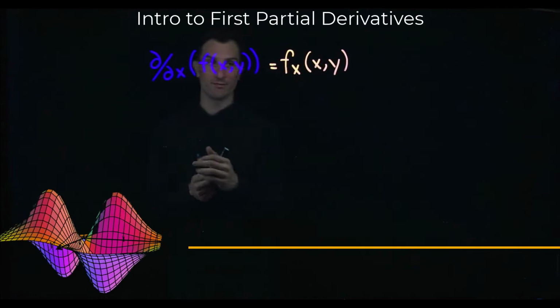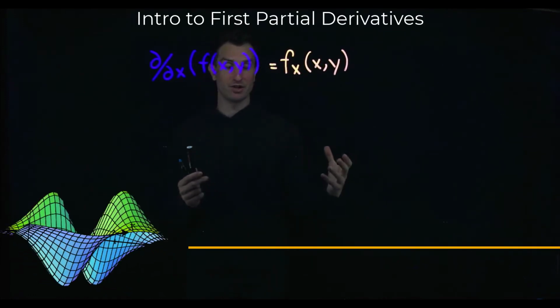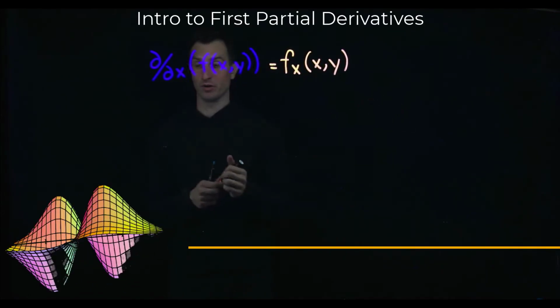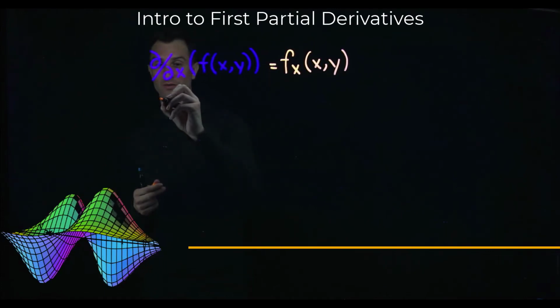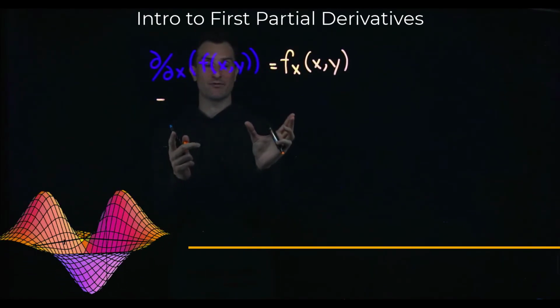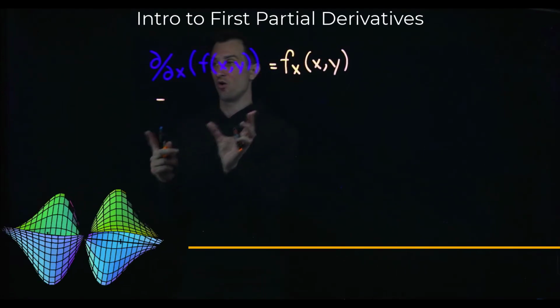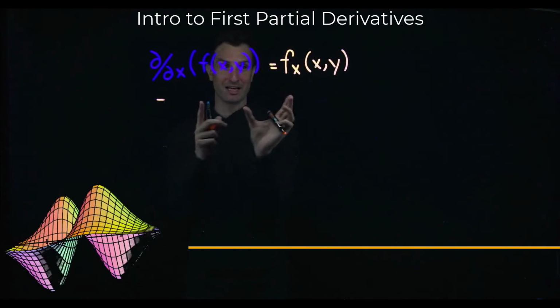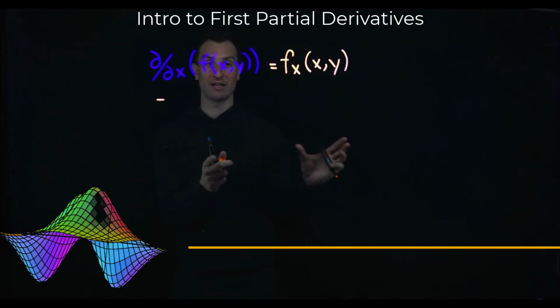So what does this mean, as far as a calculation? We'll do an example shortly. The intuition is that we're taking the instantaneous rate of change in the x direction, holding everything else constant. In this case, we hold y constant, or think of y as a constant.